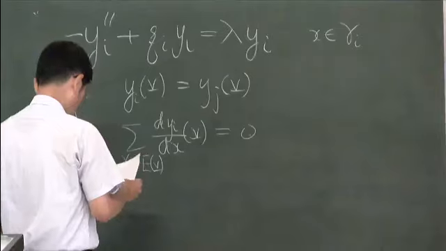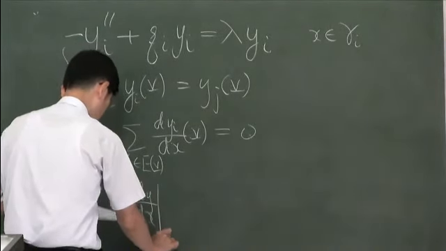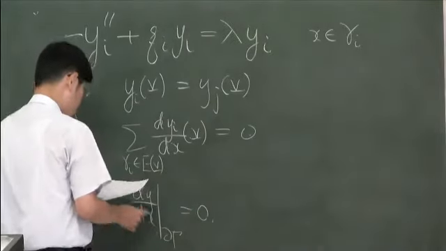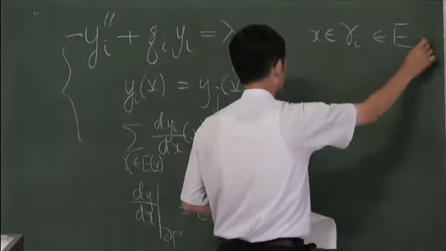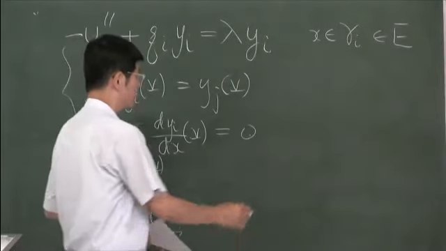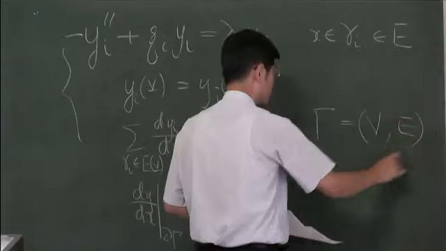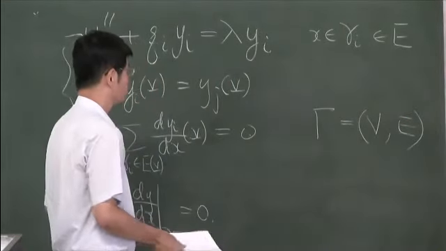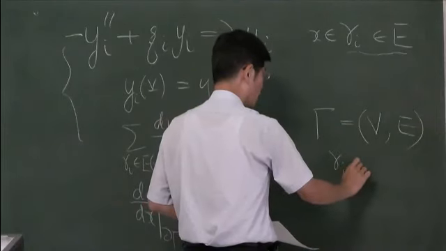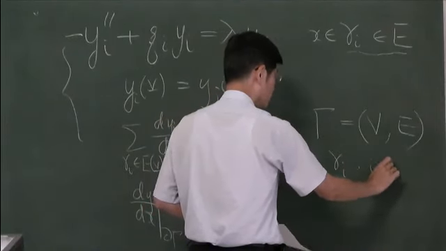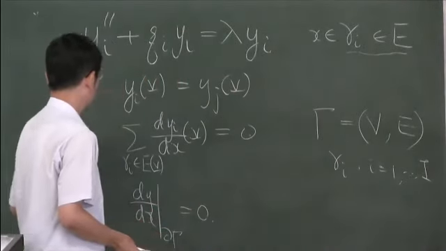It's a couple, and all right. This is my graph, and then the set of vertices and the set of edges, which contains gamma_i, i goes from 1 to n.